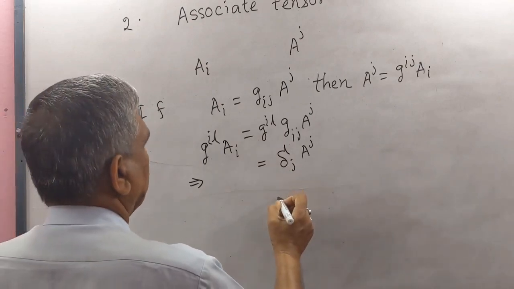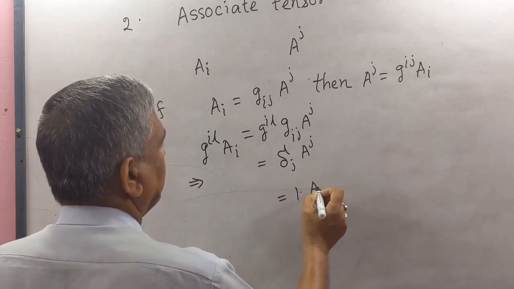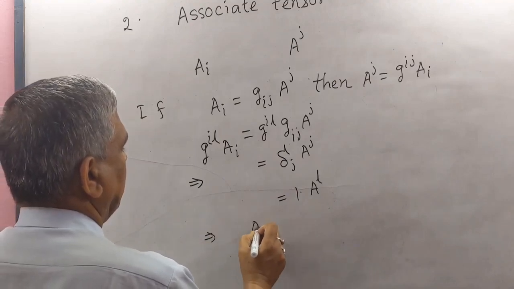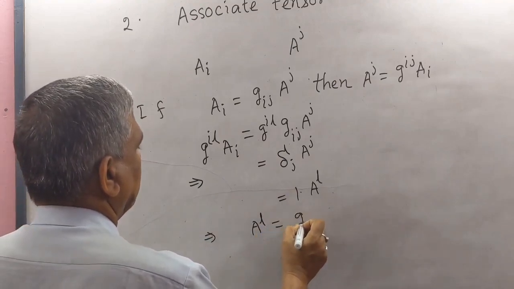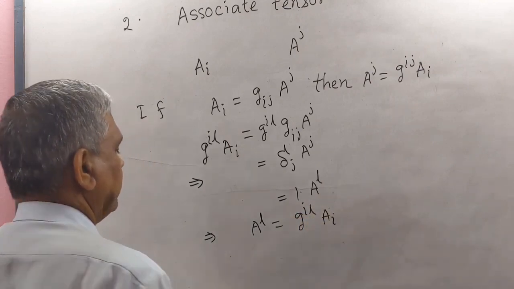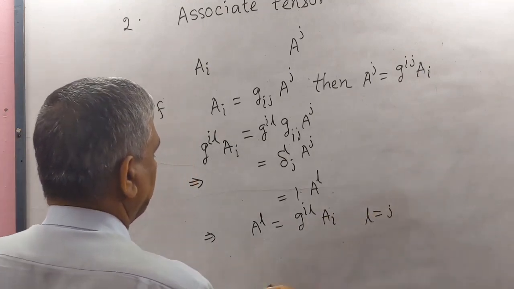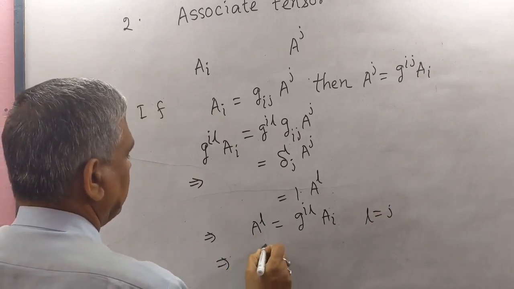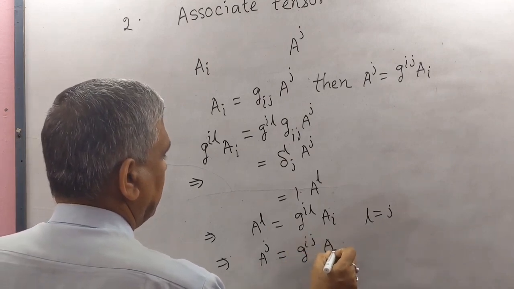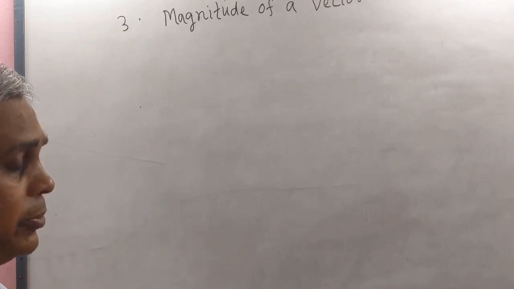So this will become 1 if j equal to l, which implies that Al equal to Gil Ai. Putting l equal to j, we get Aj equal to Gij Ai. Proved.